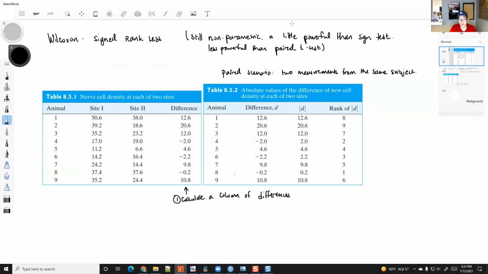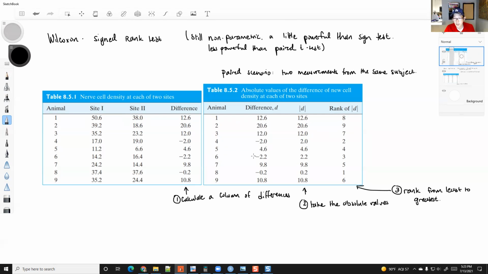And I actually need the whole thing. And then step 2 is take the absolute values. And then step 3 is rank from least to greatest.